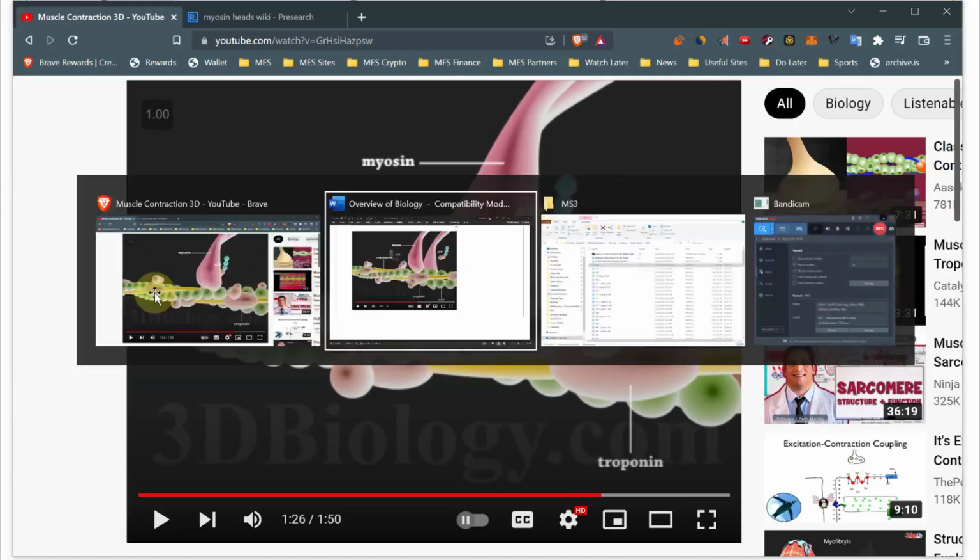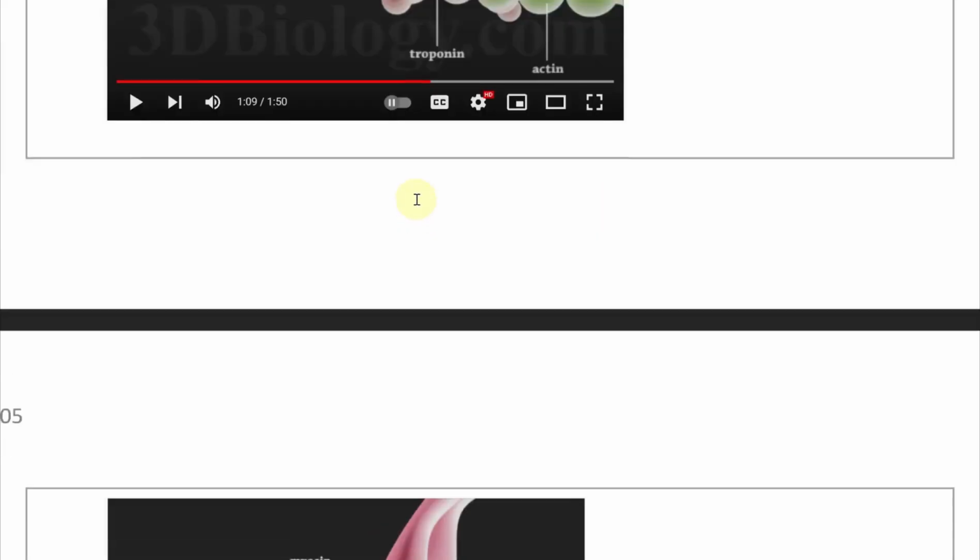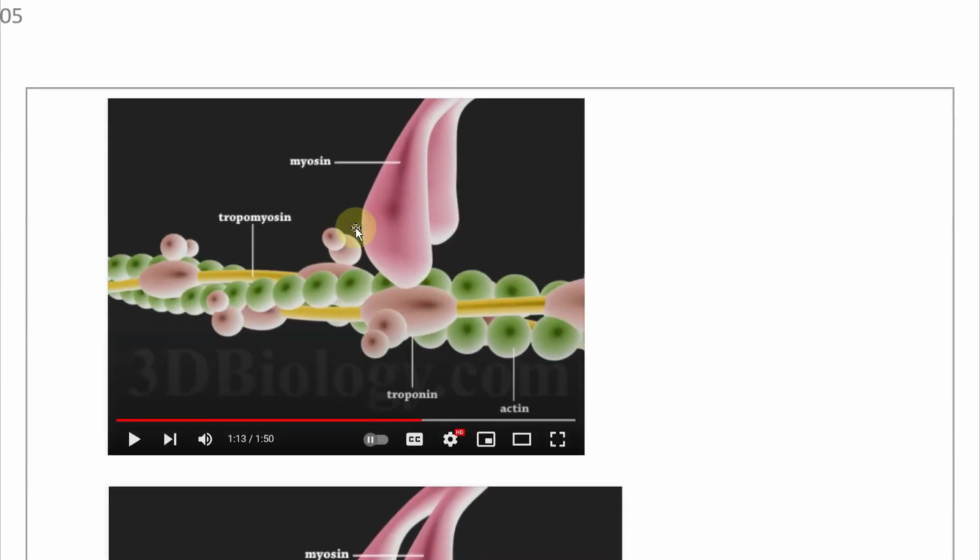Okay, so now it makes actual sense. So ATP goes in here, binds with this, energizes it. This jumps over and binds to another spot. All right, let's just erase this. Yeah, it binds to another spot, and then what ends up happening?